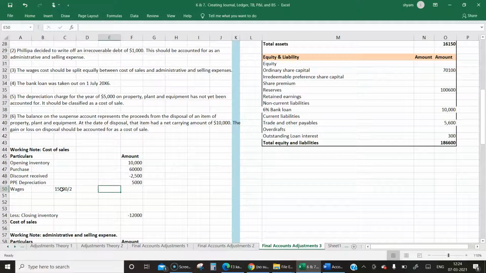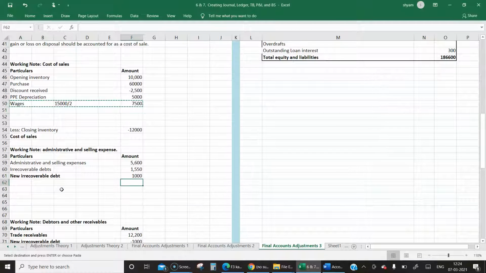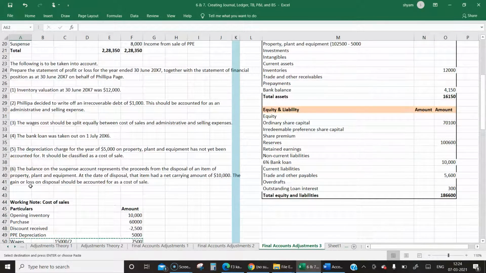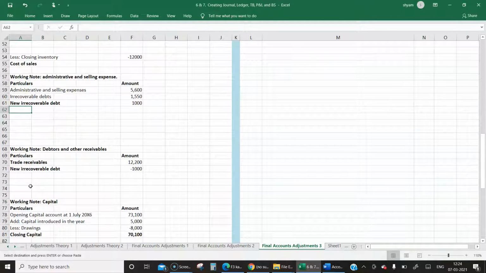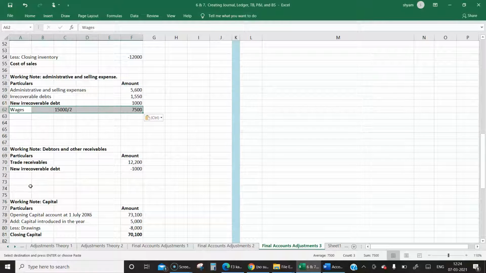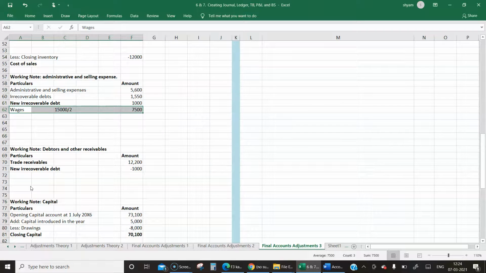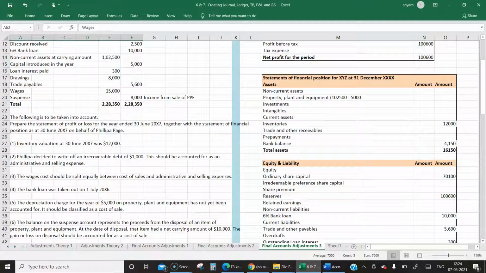One part of 7,500 should be here, and the other 7,500, they say it should be in administrative and selling expense. So that's about wages. Not much difficulty there.